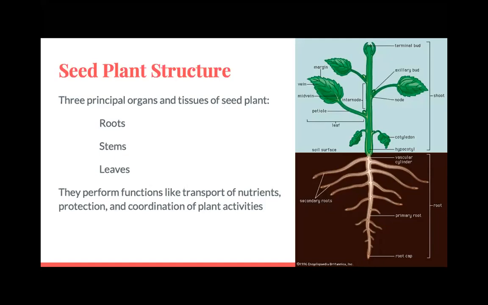Now, stems then, of course, are support structures, the central structure there. And then leaves are the photosynthetic organs of the plant. So most photosynthesis is occurring in the leaves, okay?